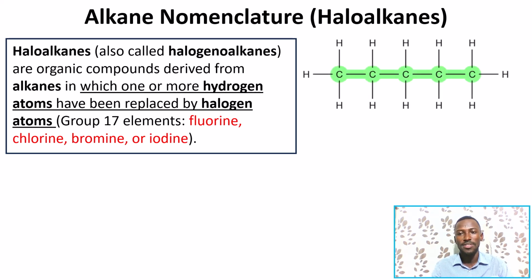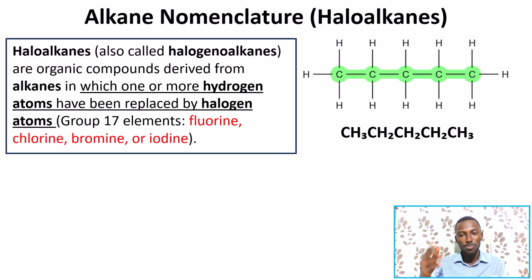So let's look at this. This is a straight chain alkane. Before we move on to the explanation, take note that this straight chain alkane can also be written this way: CH3, CH2, CH2, CH2, CH3.